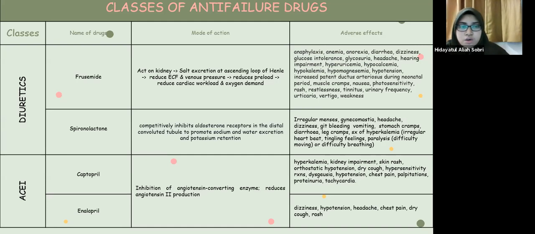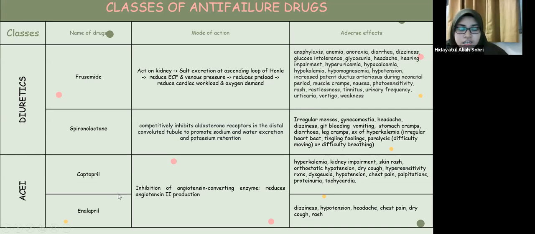We give this with furosemide, and spironolactone is also useful to prevent cardiac remodeling, because as I explained just now, aldosterone causes cardiac remodeling. So spironolactone is beneficial to prevent cardiac remodeling. The adverse effects are such as irregular menses, gynecomastia, headache, and other adverse effects.